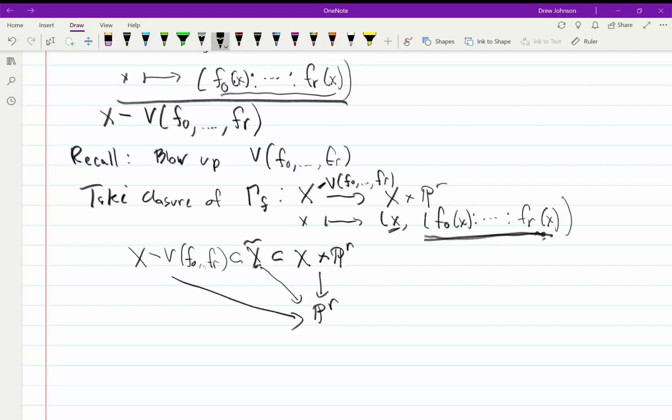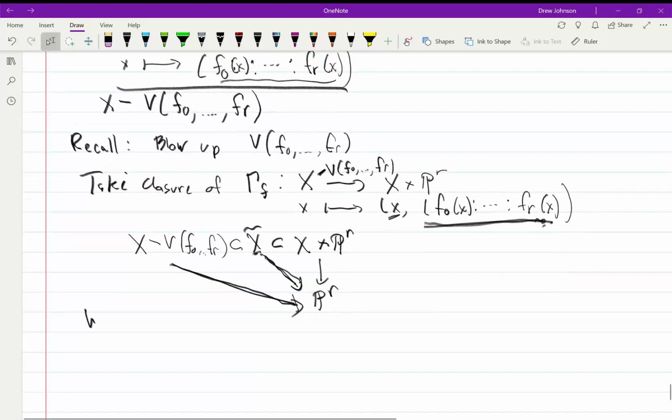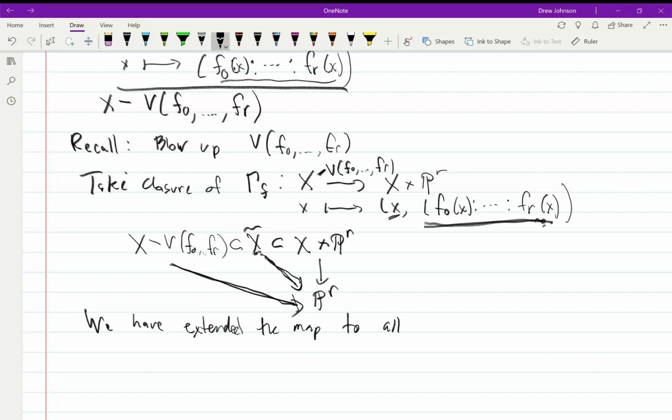So this map here is basically the same map as this. But the point is now this map here is well defined on all of X tilde. So we have extended the map to all of X tilde.